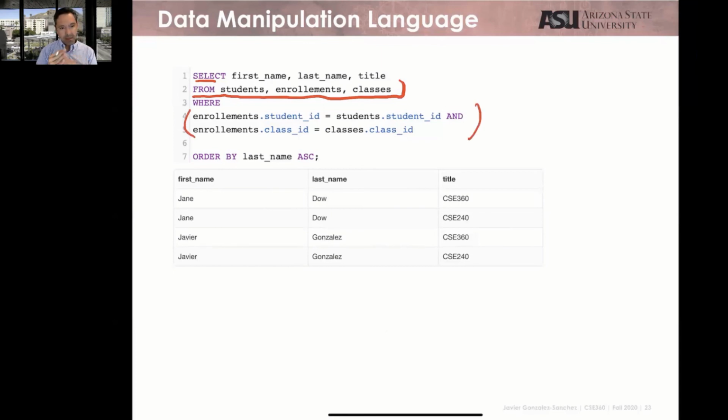Give me the information from these three tables in which, you know what? The student ID in enrollment match a student ID in student, and the class ID in enrollment match the class ID in classes.